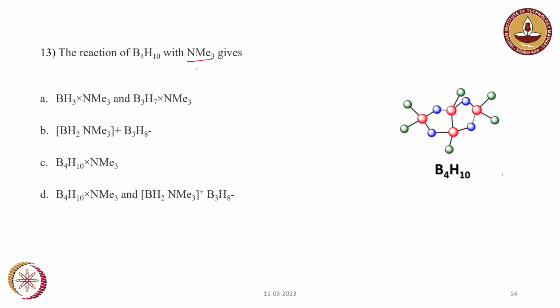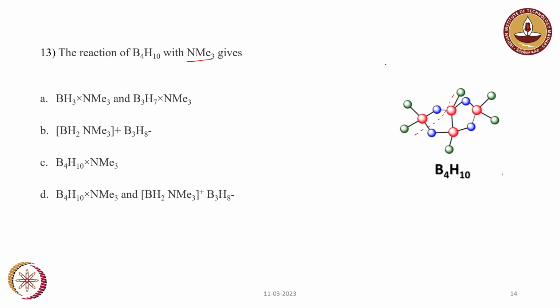So it will cleave symmetrically such that the boron will not have any charge. So the cleaving is done like this. So this boron and one of the bridged hydrogen, that bond will be cleaved, and this boron and the other bridged hydrogen, that bond will be cleaved.